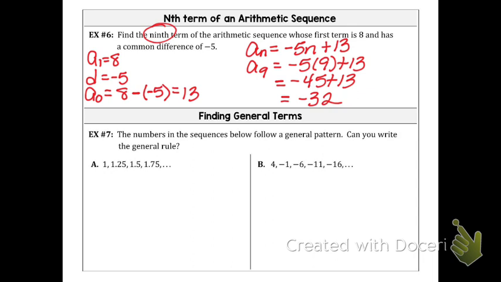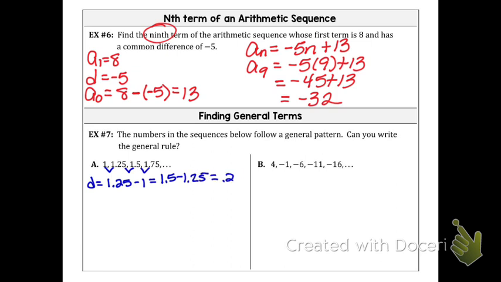Example 7 says the numbers in the sequence below follow a general pattern. Can you write the general rule? So we notice here each time these are increasing by 0.25, or if you're unsure, remember, take the second term minus the first term, which should be the same as the third term minus the second term.